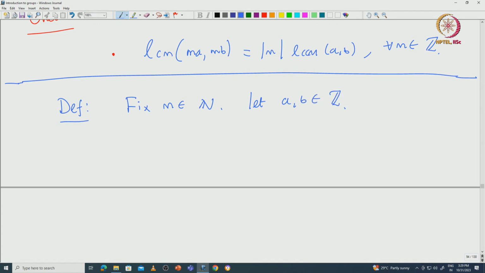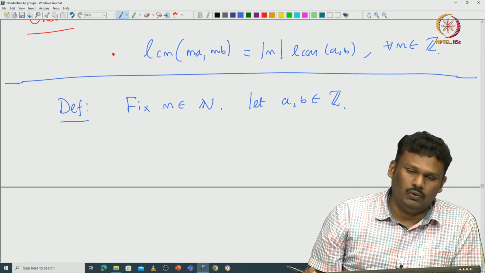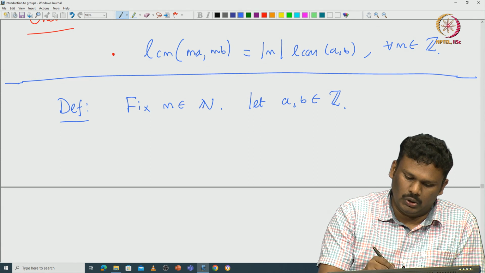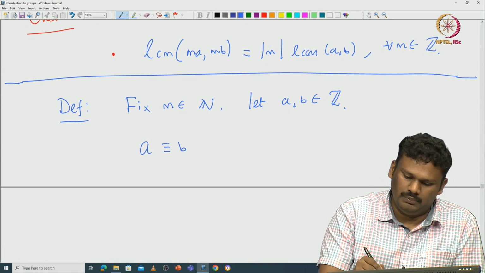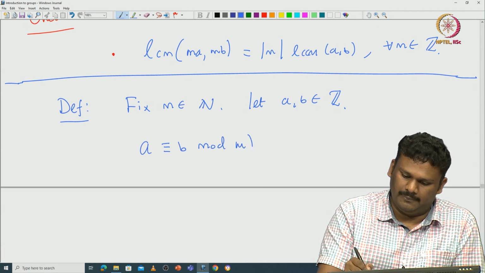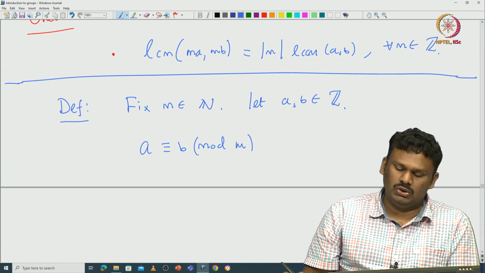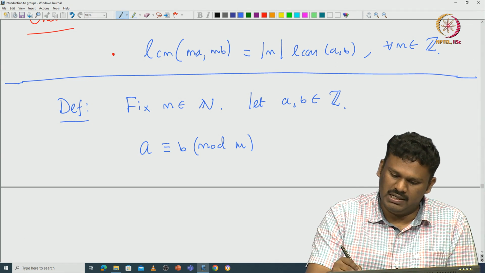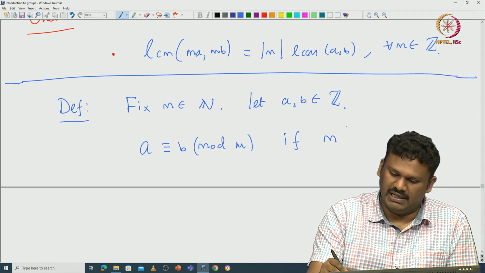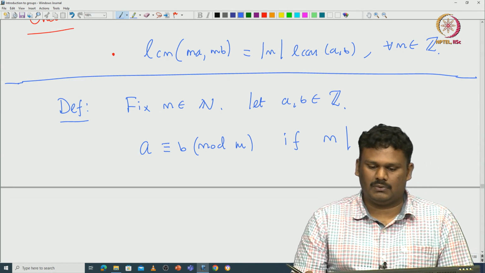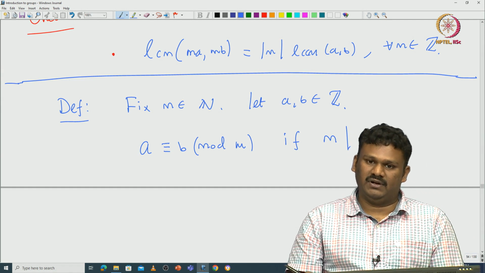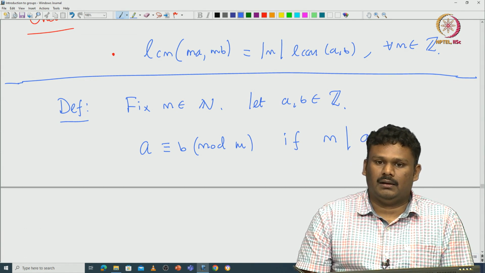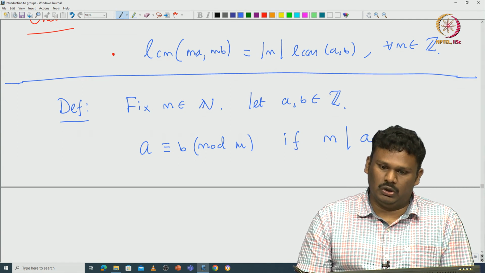You want to say that A is congruent to B modulo M. This is the notation. A is congruent to B modulo M if and only if M divides A minus B. Whenever M divides A minus B, you denote this as A being congruent to B modulo M.